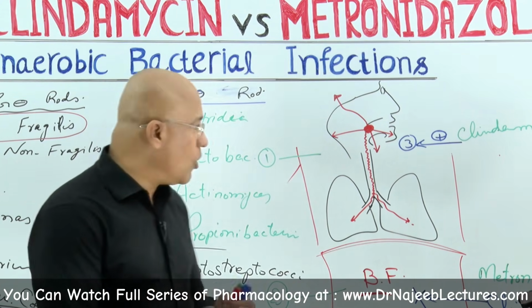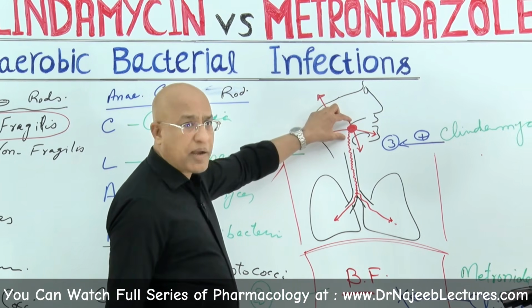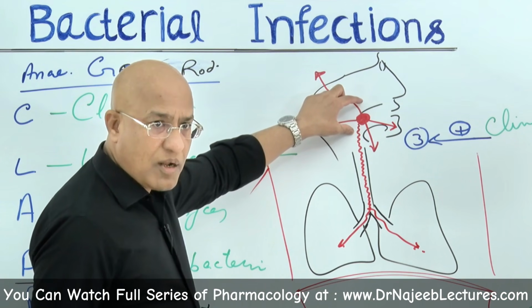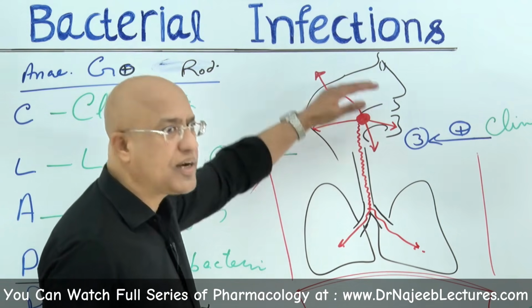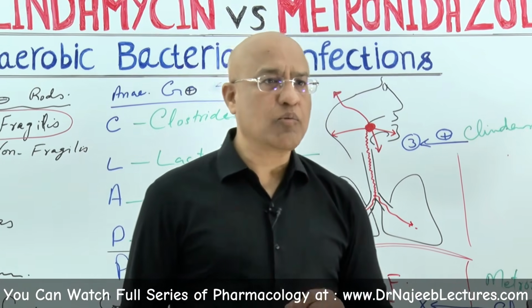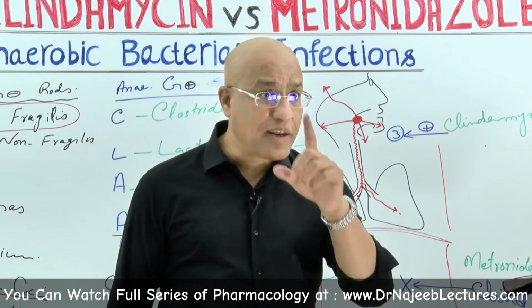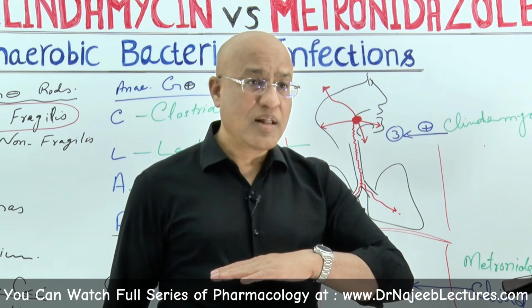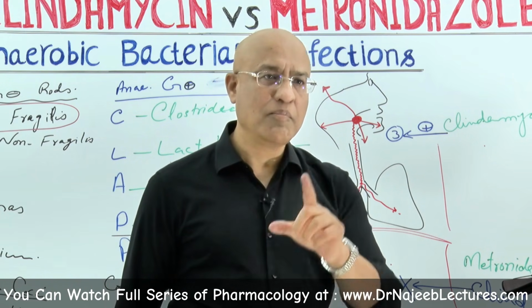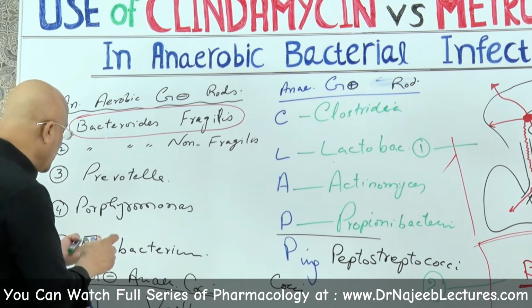So the organisms in oropharyngeal microbiota are responsible most of the time for anaerobic infections above the diaphragm. So if next time someone asks you what is the major source of anaerobic microbes in infections above the diaphragm, you say oropharyngeal microbiota.